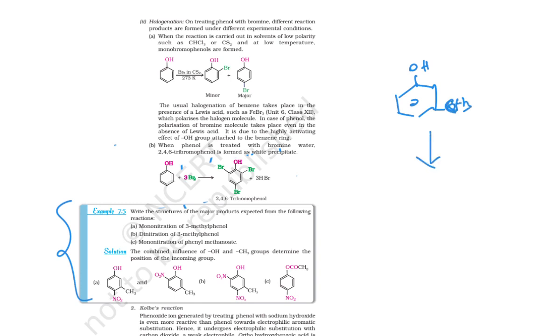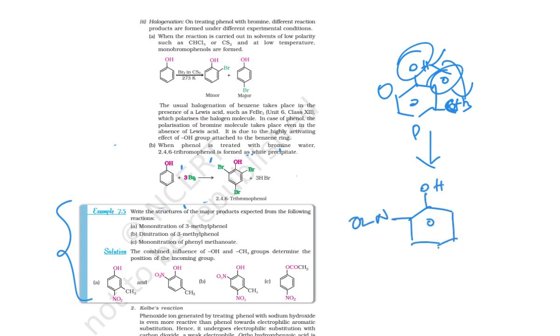When we do the dinitration, with respect to this ortho and this para, the attachment of NO2 at this place is not possible because of the steric hindrance of OH and CH3. So with respect to OH, this is ortho and this is para; this is your product.